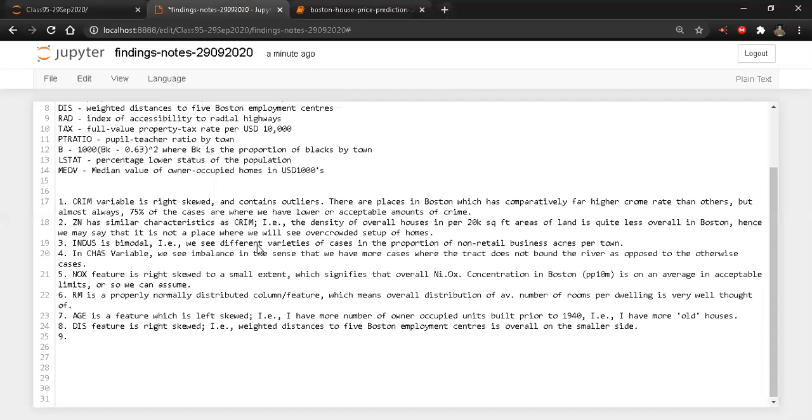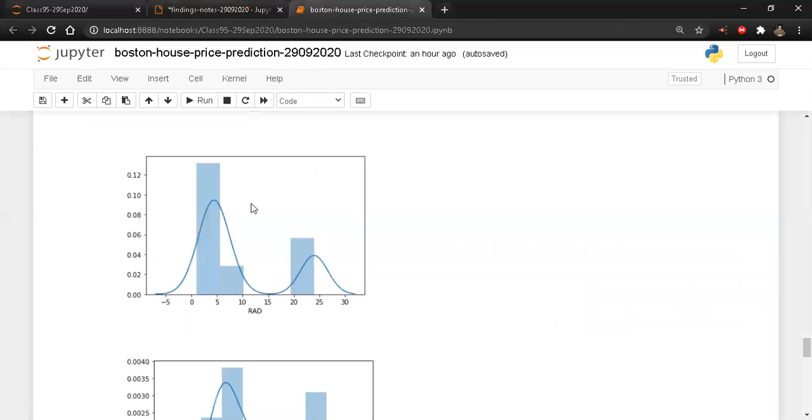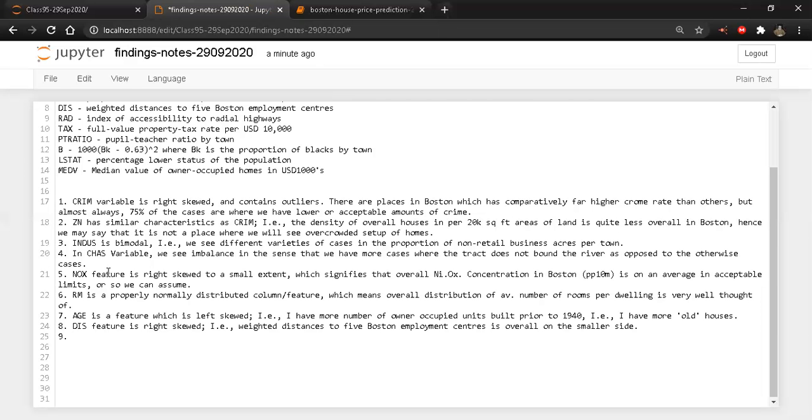So RAD is bimodal, and lesser valued entities have a higher mode, or more concentration, right?